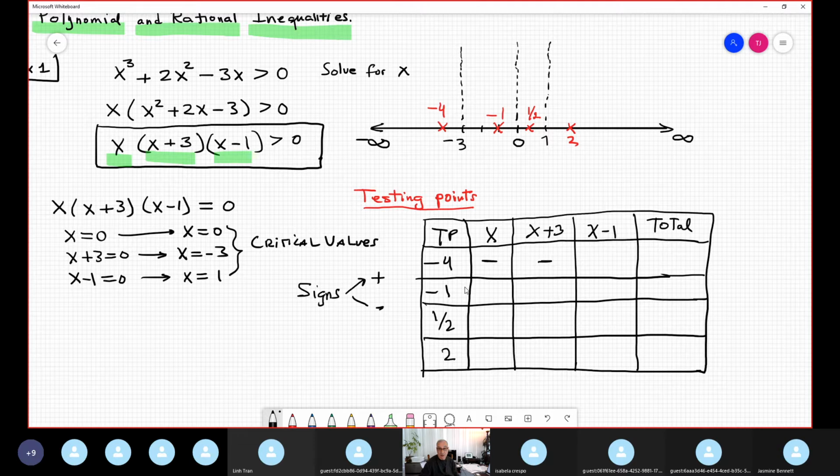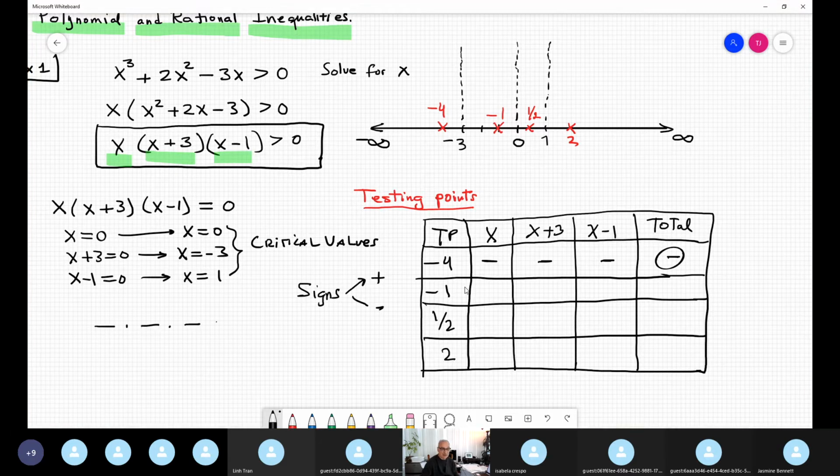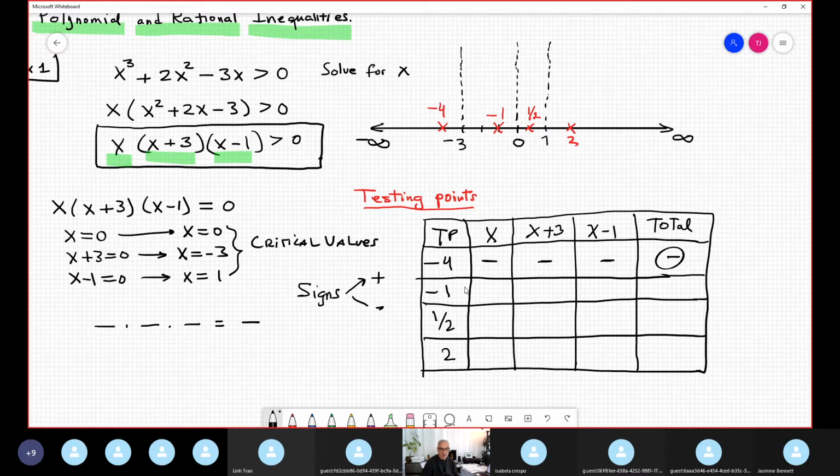And -4 minus 1 is negative. 3 negatives, and 3 negatives is negative. I put a negative here because remember this negative comes from the multiplication negative times negative times negative. So negative times negative times negative is equal to negative.